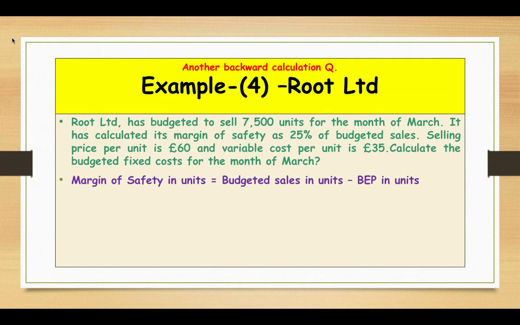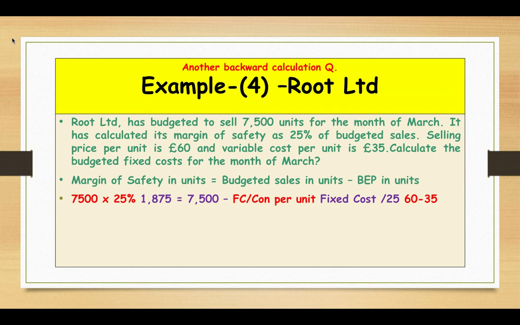So we'll see. As usual, we need to start with the formula. Margin of safety in units is equal to budgeted sales in units, take away the break-even point in units. The question says the budgeted number of units is 7,500 units, and the margin of safety is 25% of the budgeted sales.